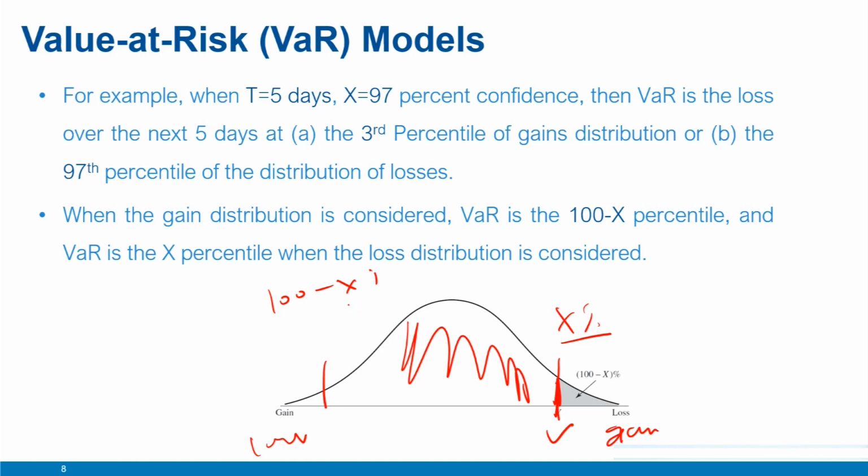So for example, if you're looking at 95% confidence, then you look at the 5% cutoff value on this side, which is the V, or rather it will be negative, some kind of loss value, which is your maximum potential losses over a given horizon T with a confidence of 95%.